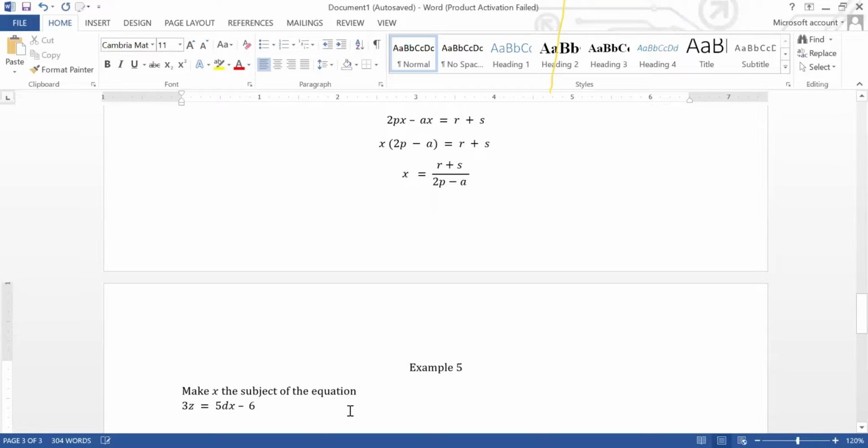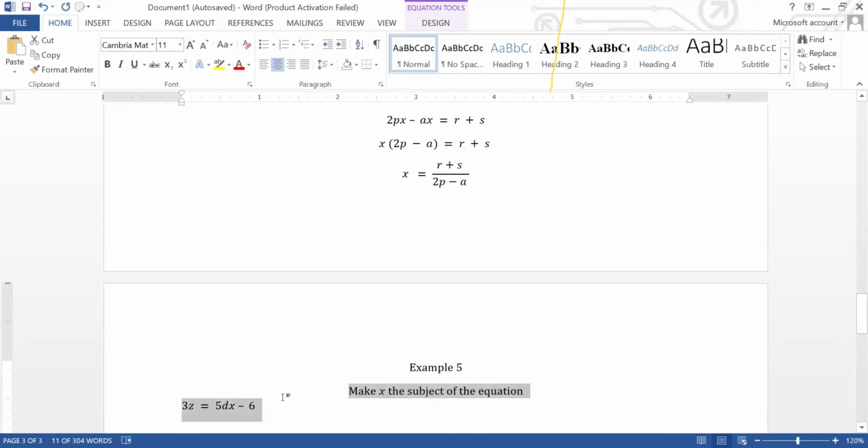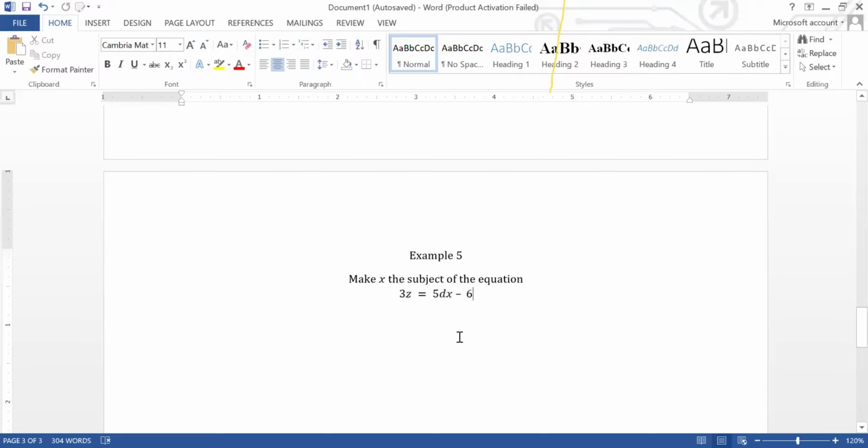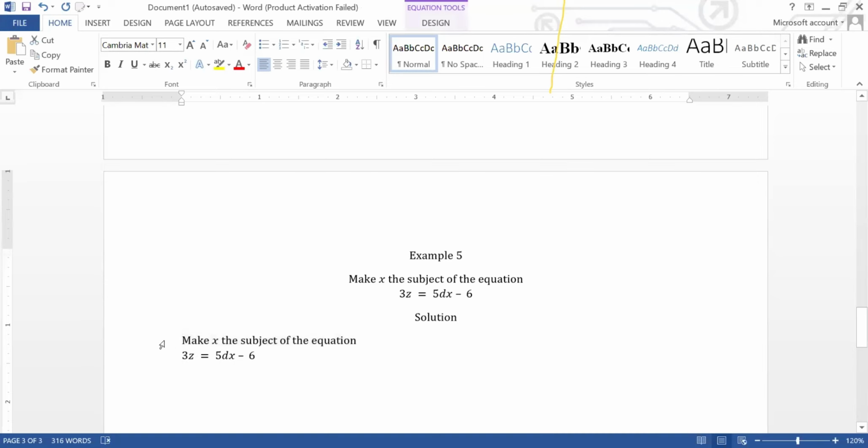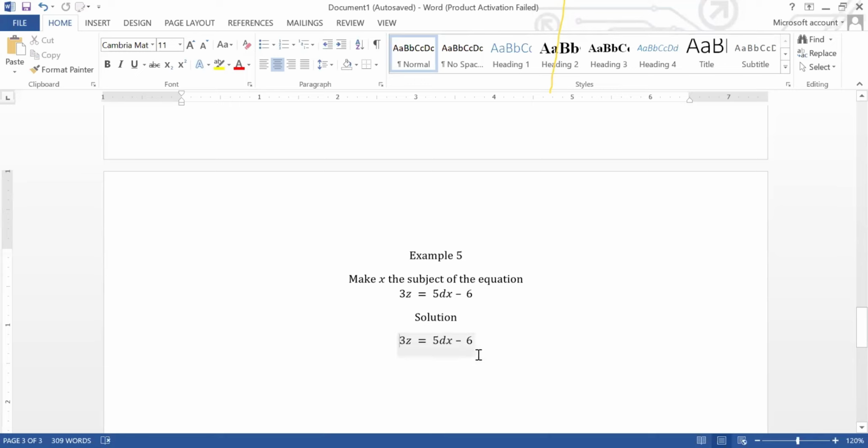We are asked to make x the subject of this. So as easy as that, we need to make x stand alone, right? And we have 3z plus 6 is equal to 5dx.